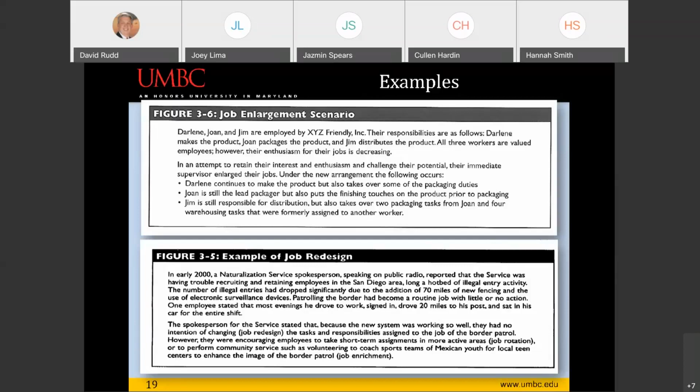And that's part of job enrichment. So what they're trying to do is, okay, we're not going to change the core job. And just like under job enlargement, how about taking on some additional responsibilities? In this case, taking a short-term assignment somewhere else, or volunteering in some coaching sports and so forth. So those were a couple of examples of job enlargement.